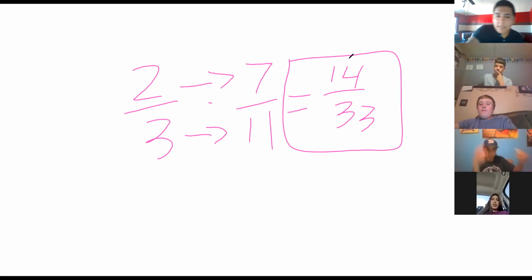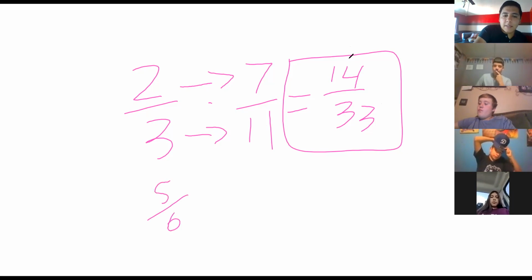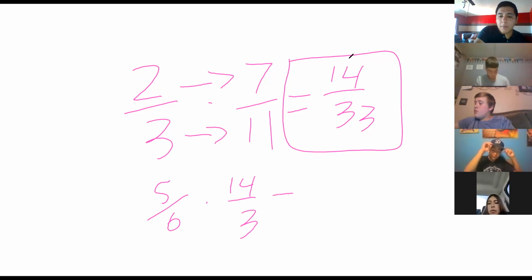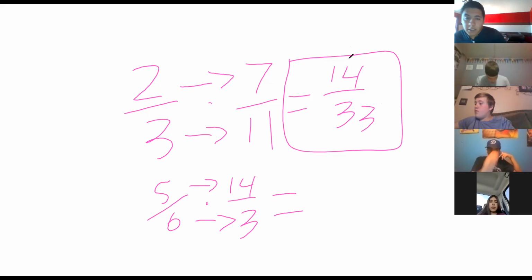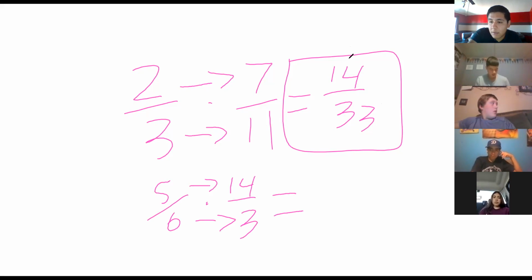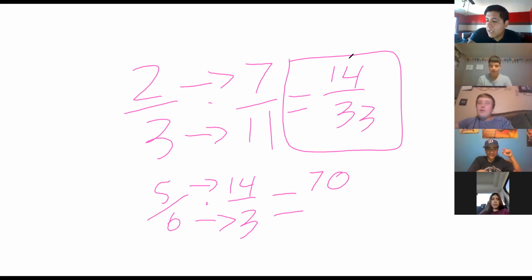All right, let's go to our next example. 5 over 6, we're going to multiply by 14 over 3. Again, all we have to do is multiply straight across. So 5 times 14, that would be 70.